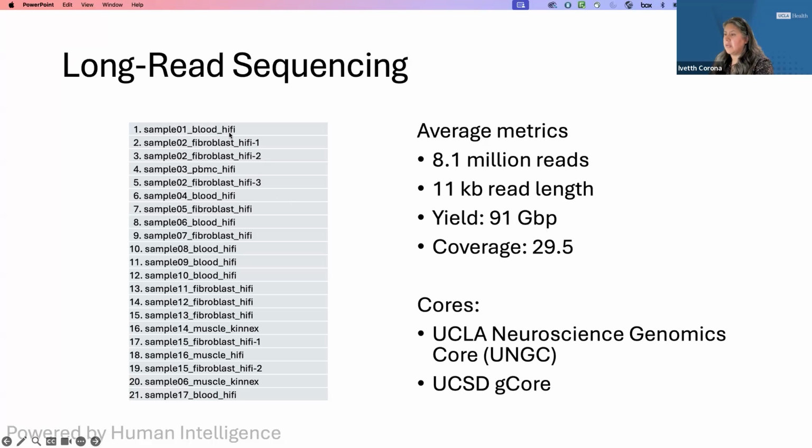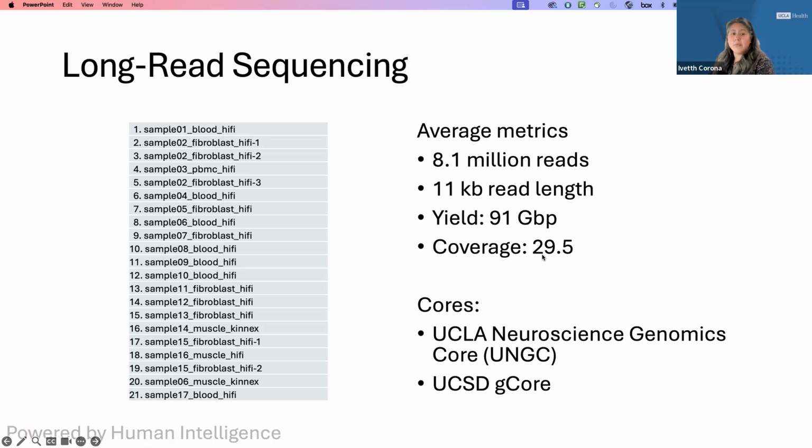With PacBio, on average, we got 8.1 million reads, and the read length is 11,000 base pairs, compared to 300 using short read. Our yield is on average 91 billion base pairs, and our coverage is on average close to 30x.